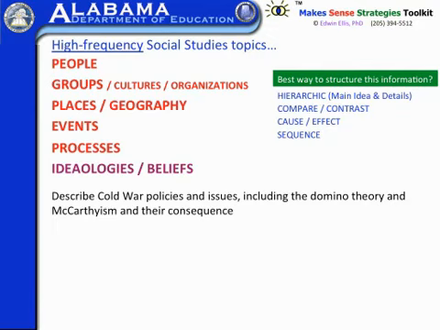The domino theory was also a belief about what might happen. So there's a lot of ideology in this one standard. This could be basically hierarchical information in terms of explaining those policies or explaining the issues. The domino theory is probably going to be more like a cause and effect type of thing, particularly when you get into discussing consequences.